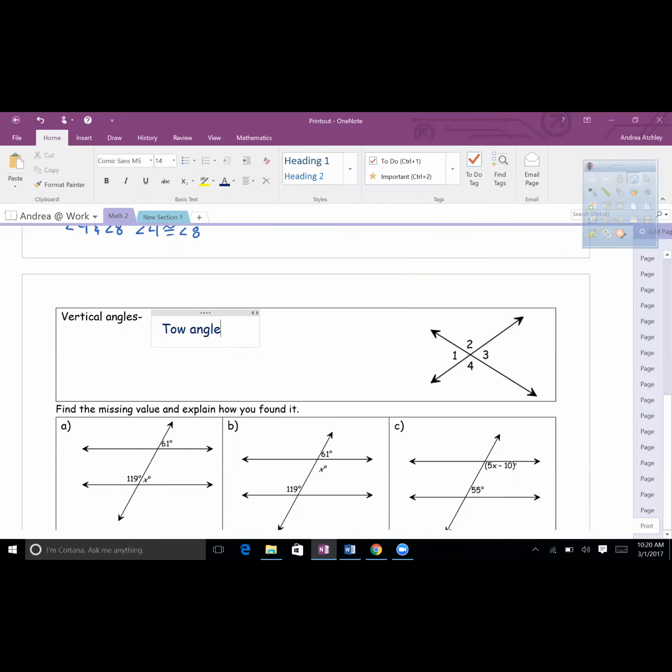Two angles whose sides form two pairs of opposite rays.